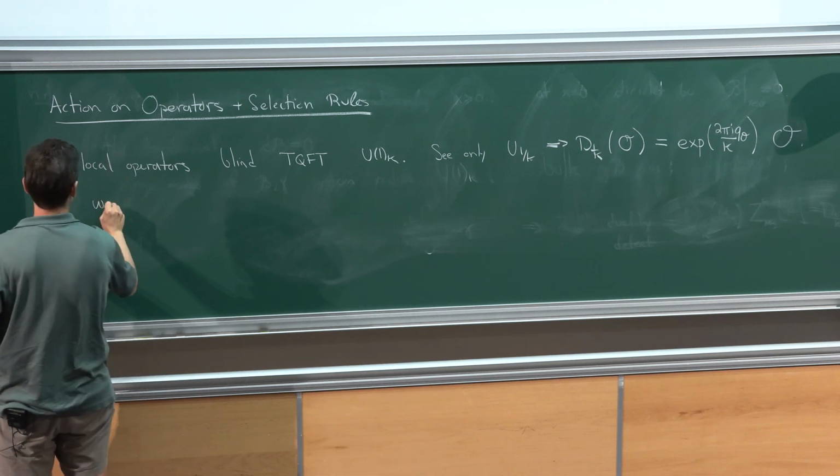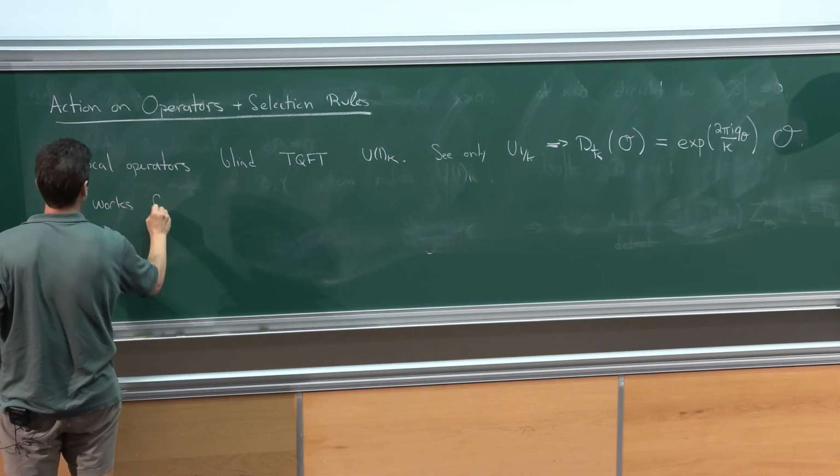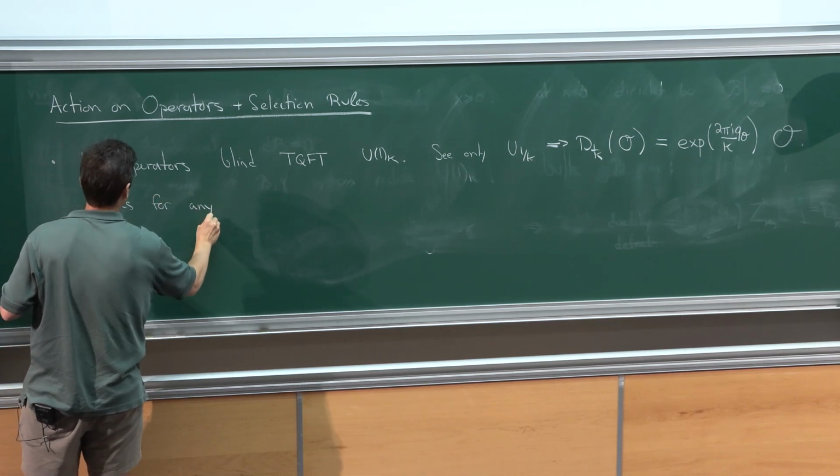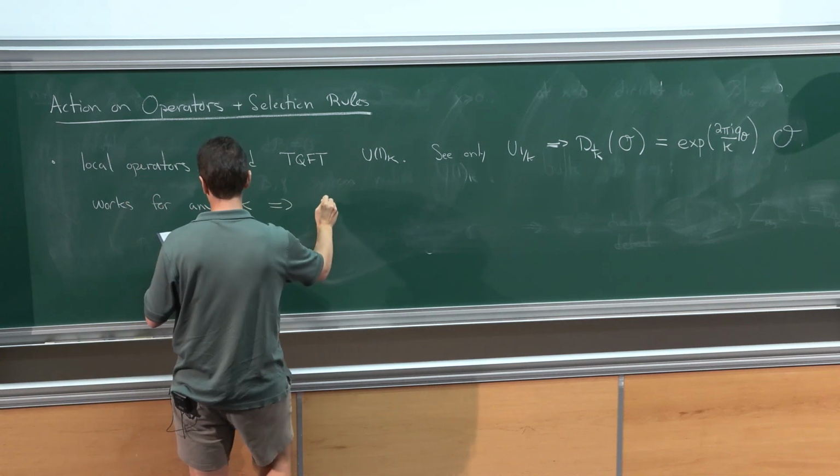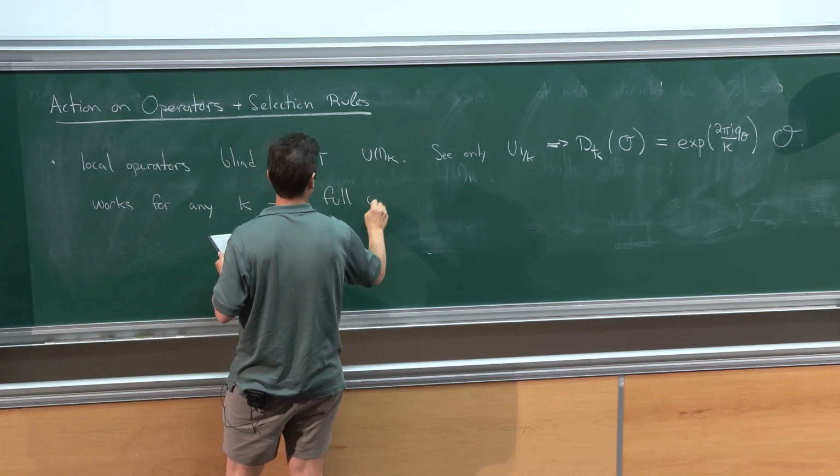This works for any K. So we get the full chiral symmetry selection rules.